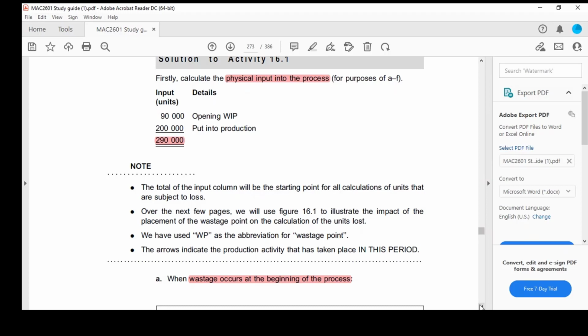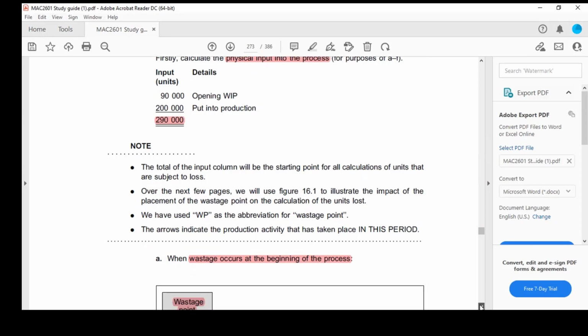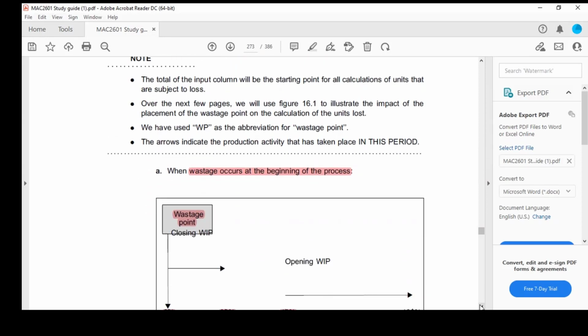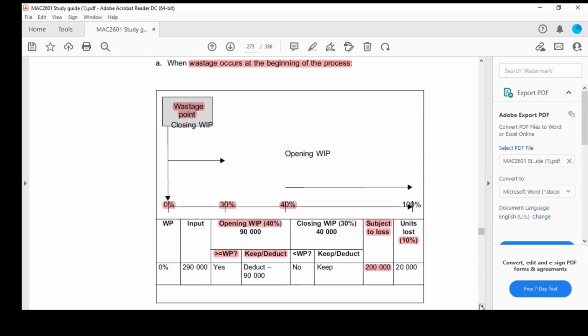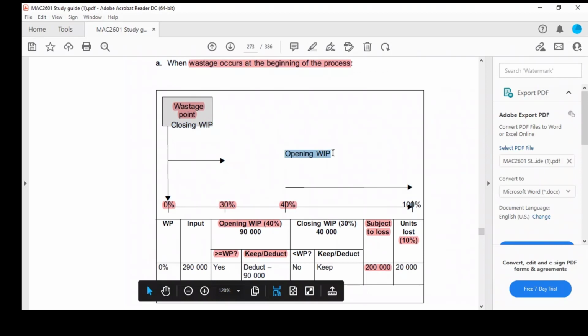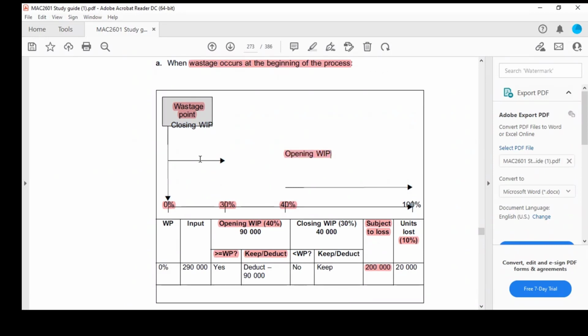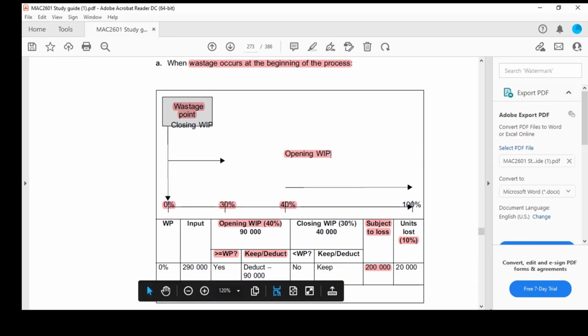And then in the current process, we have to grind those beans. I hope you guys are following. So the opening WIP, these are the roasted coffee beans. Now, they are 40% complete, coming into the process where we are grinding them.